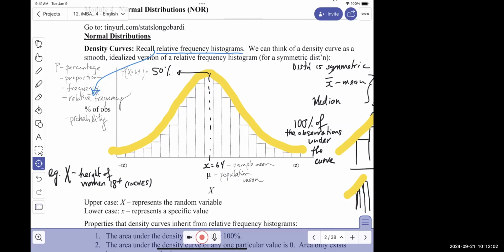So I can talk about out of all of the possible outcomes, 50% of them are less than 64. That's like talking about the probability or the chance. The chance that the height of a woman will be less than 64. All right.